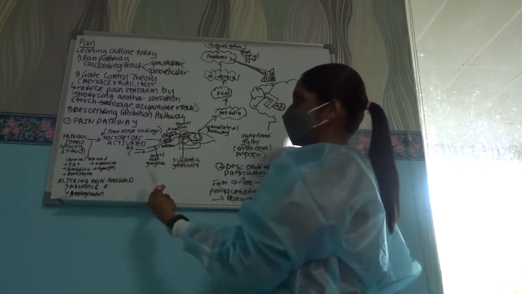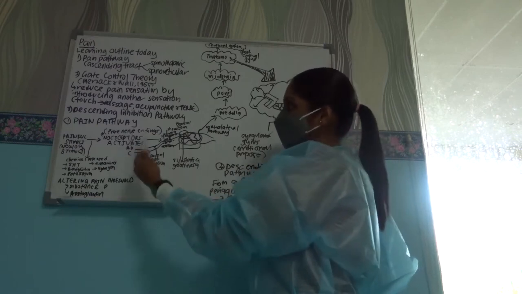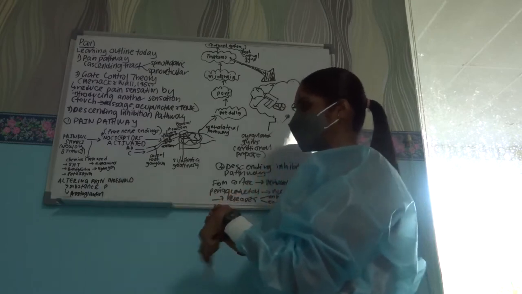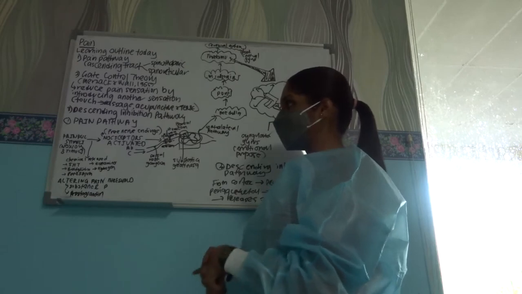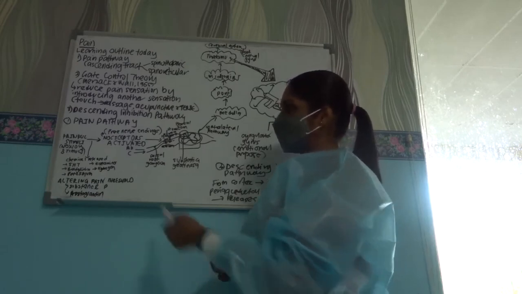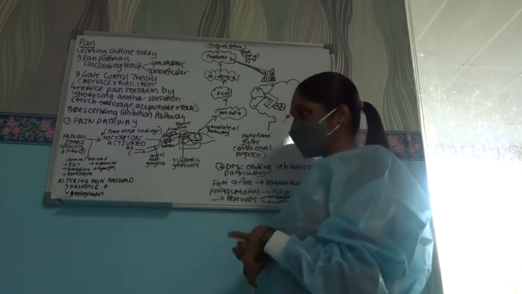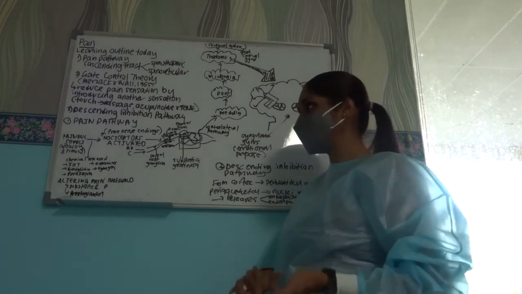The thing that will be activated is the nociceptors. How will it be activated? First, you have any chemical, burn, or mechanical thing that happens which causes pain. Some chemicals are released in our body, called mediators.